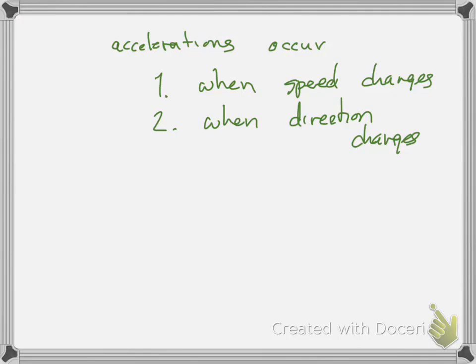So roller coasters undergo large accelerations when they're going around loops, right? If you've ever been on a roller coaster, people say they're most likely to pass out or black out at the bottom of the loop, when they're changing direction. They're going the fastest and changing direction. So that's where your acceleration is the highest.